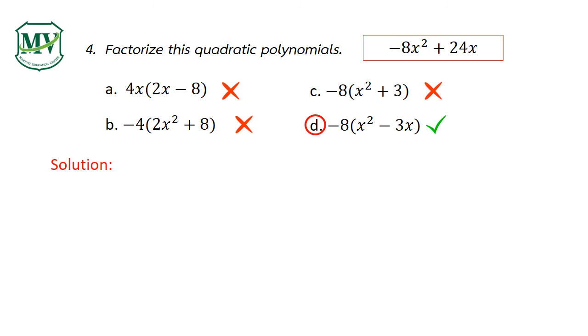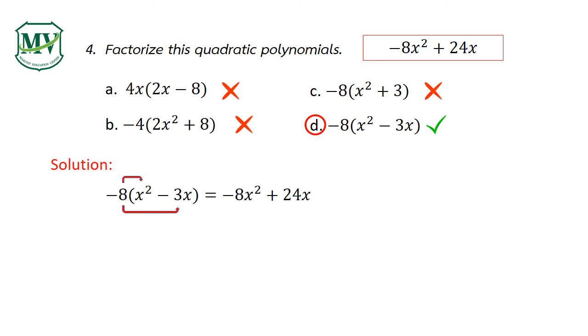So here is the solution. Since letter D is the answer, we could use the distributive property. Negative 8 times x squared is equal to negative 8x squared. Then negative 8 times negative 3x is equal to 24x.